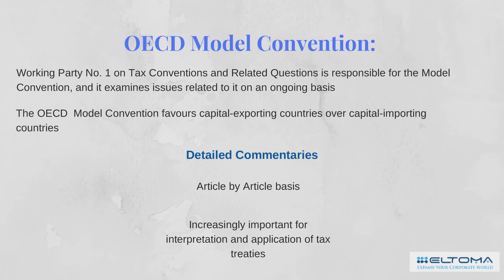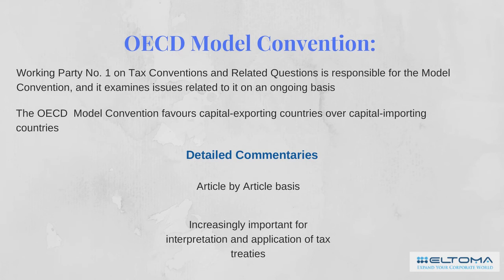The OECD Model Convention favors capital exporting countries over capital importing countries. Often, it eliminates or mitigates double taxation by requiring the source country to give up all or some of its tax on certain categories of income earned by residents of the other treaty country. This feature of the OECD Model Convention is appropriate when the flow of trade and investment between the two countries is reasonably equal.